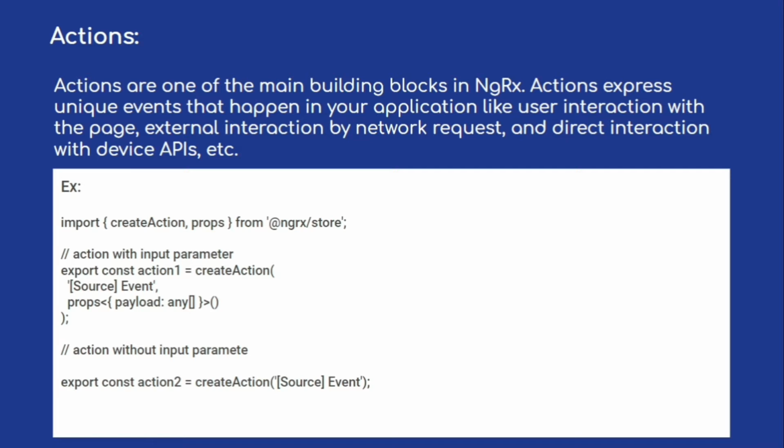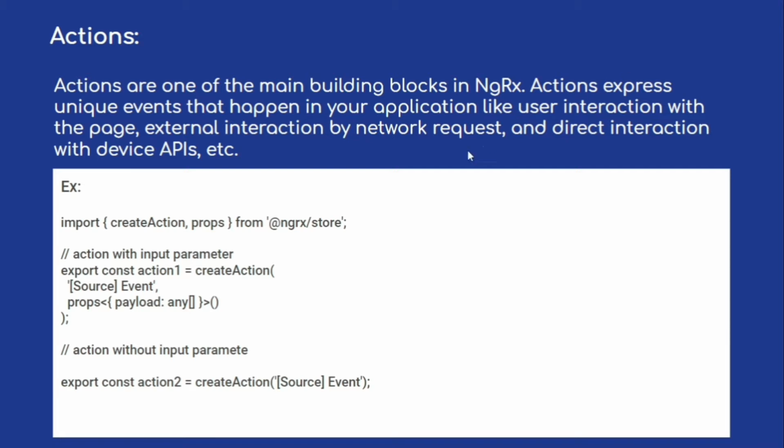Actions express unique events that happen in our application, like user interaction with the page, external interaction by a network request, or direct interaction with the device. So from these points we can understand an action is an event that can be raised when the API is called, or a user clicked on something. That something is raised as an event through the action.